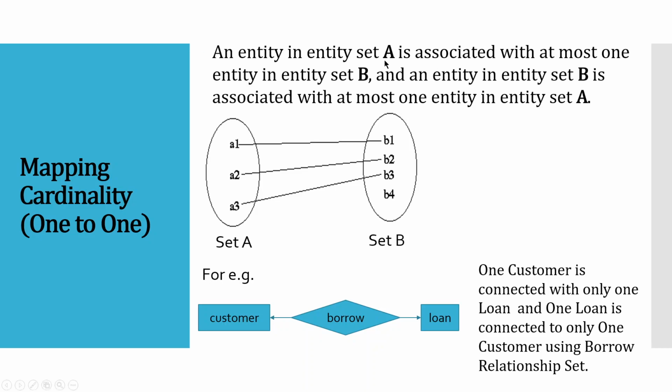An entity in entity set A is associated with at most one entity in entity set B, and an entity in entity set B is associated with at most one entity in entity set A. It is quite confusing, but just remember that one entity of set A is connected with one and only one entity of set B. No need of saying the reciprocal part or vice versa part.